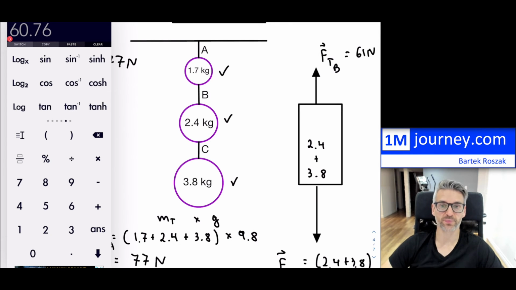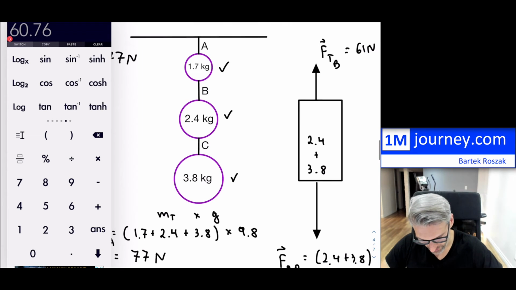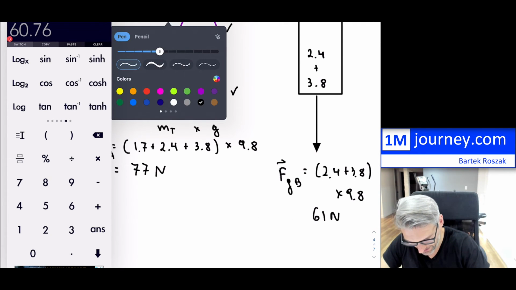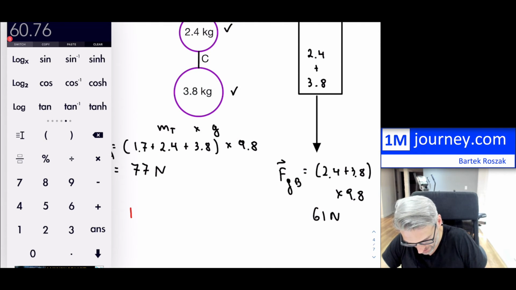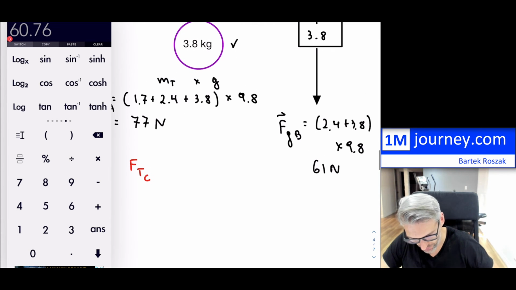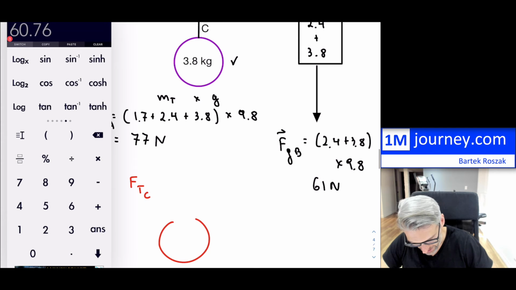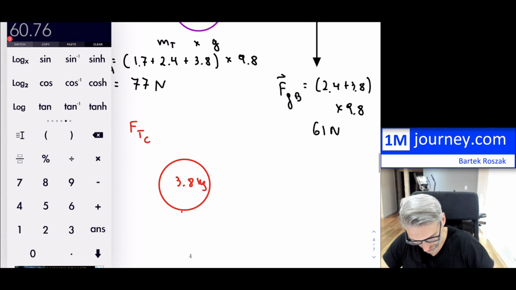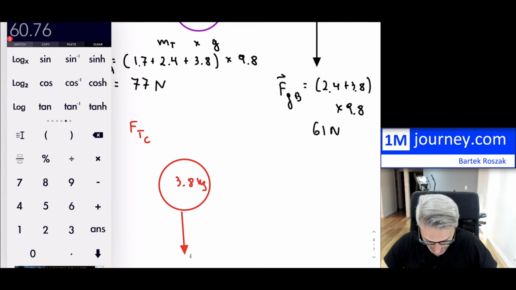So that's B. And then for C, it's going to be even easier. So this is going to be the force of tension for C, right? Here, I'm going to just draw it as it is. So this is 3.8 kilograms. You're going to have a force of gravity right here, which is just going to be pulling it down, and your force of tension is going to be holding it up.